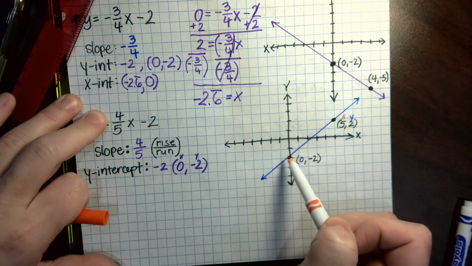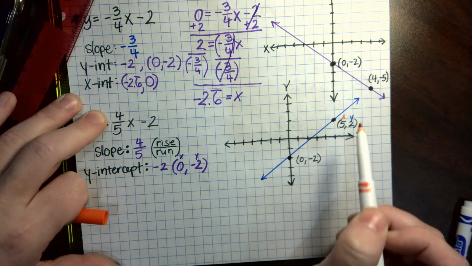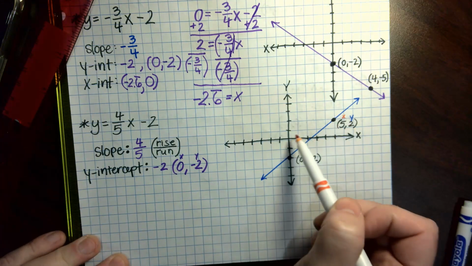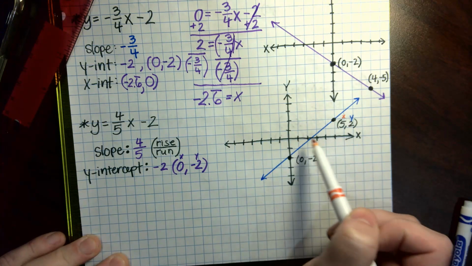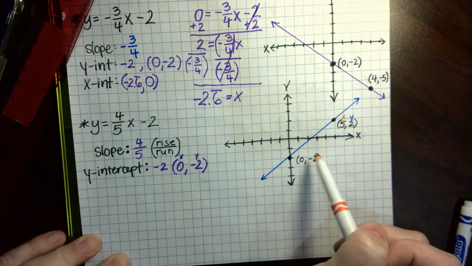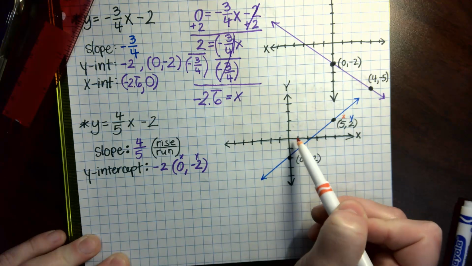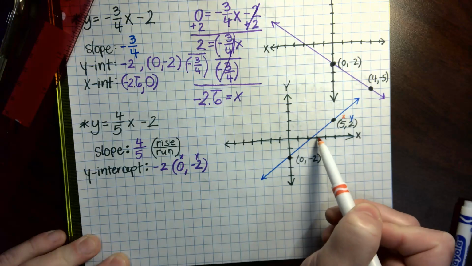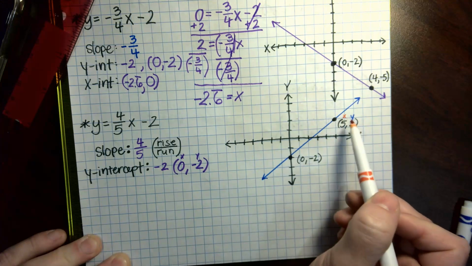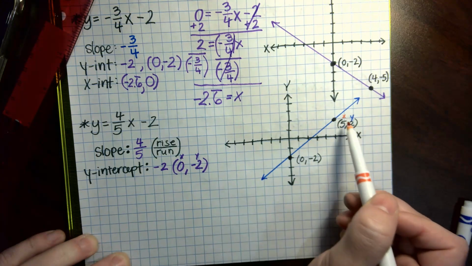Your x is going to tell us how many over we go, how many up we go. So when I'm labeling my point, I am labeling based off of my axis, not based off of this. So I counted over 1, 2, 3, 4, 5 for x, and I counted up 1, 2 for y.